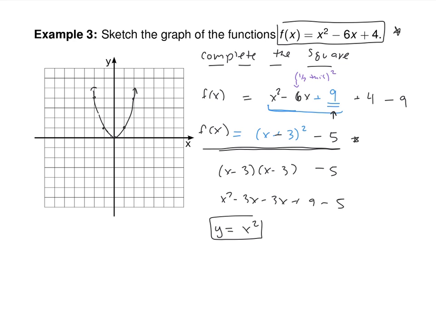Left or right? Right 3 and down 5. Great. There you go.